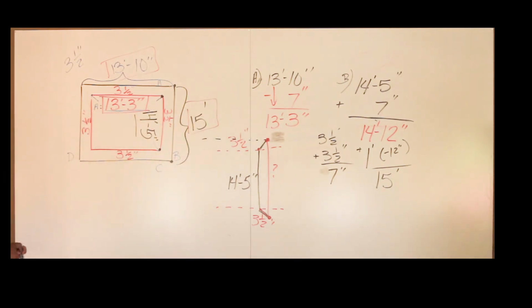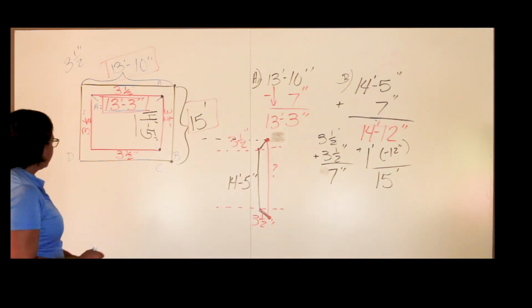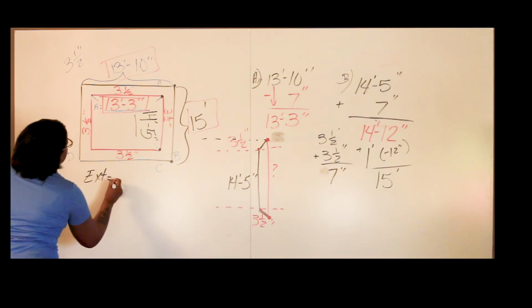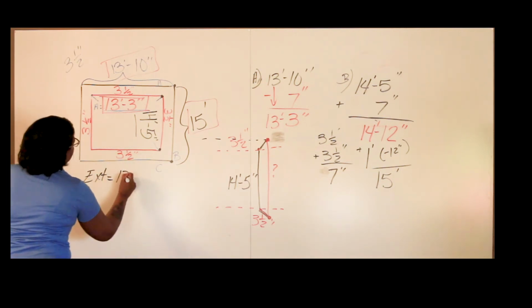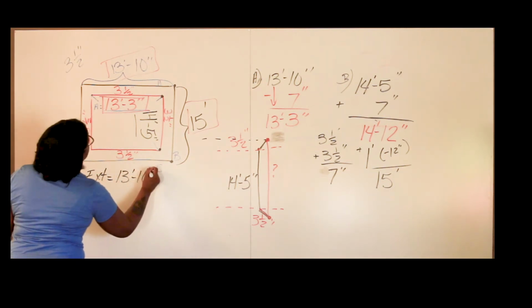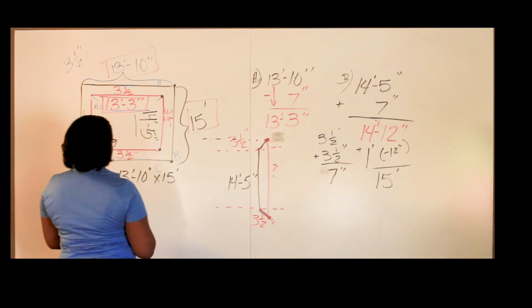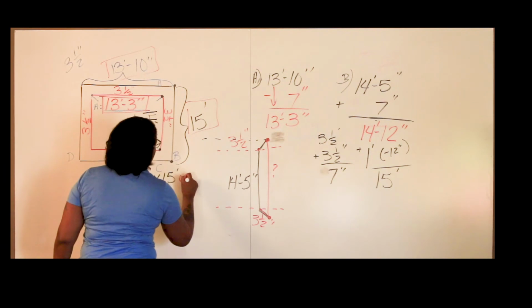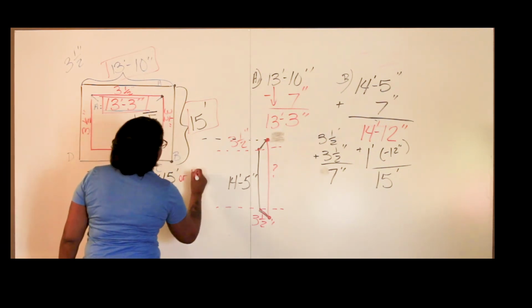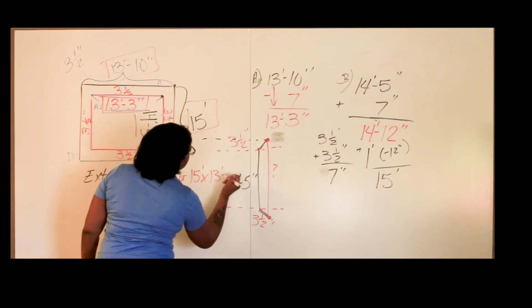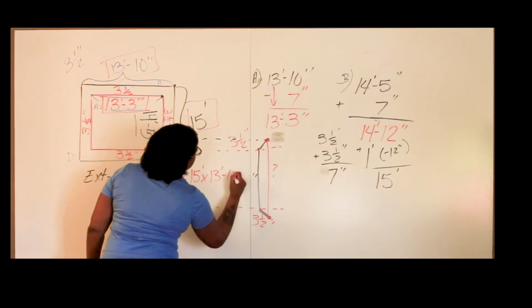So if I wanted you to write the dimensions for the exterior, dimensions would be 13 feet 10 inches by 15 feet, or the opposite, 15 feet by 13 feet 10 inches.